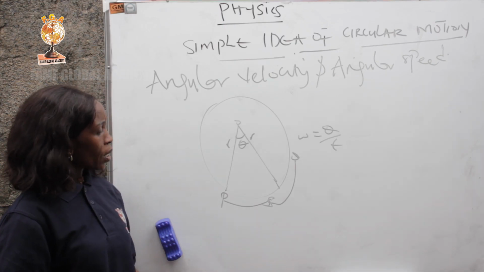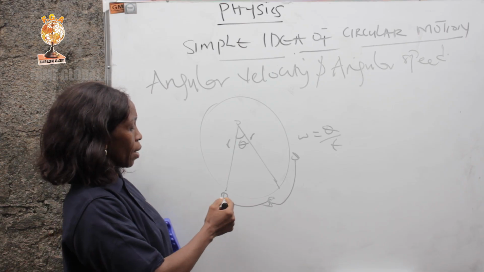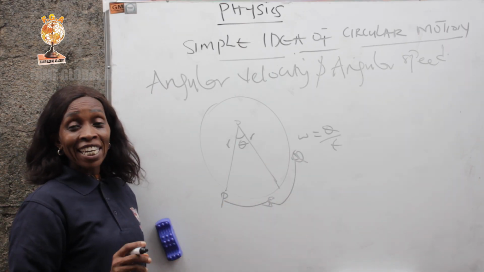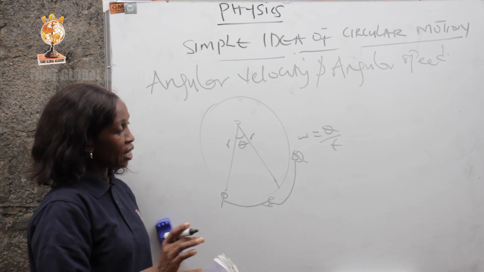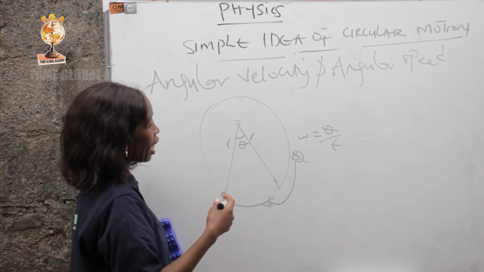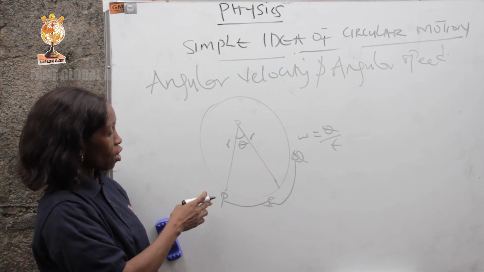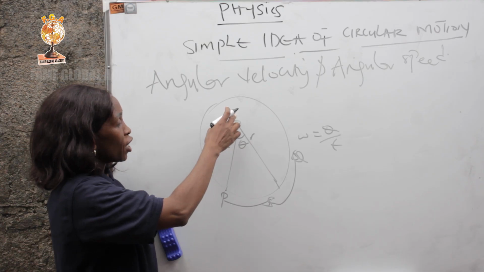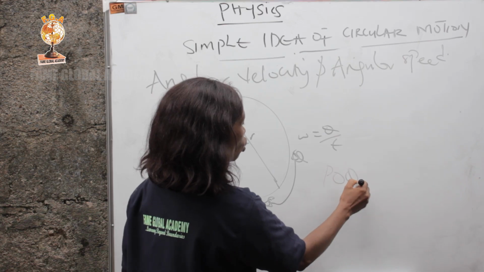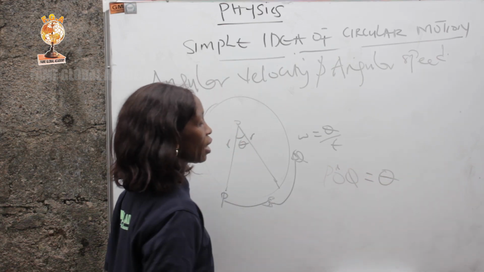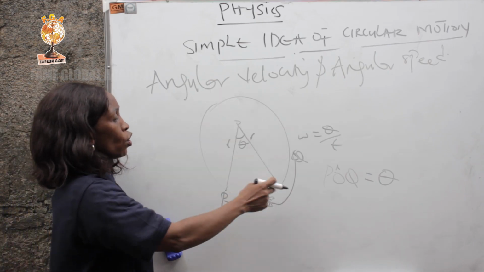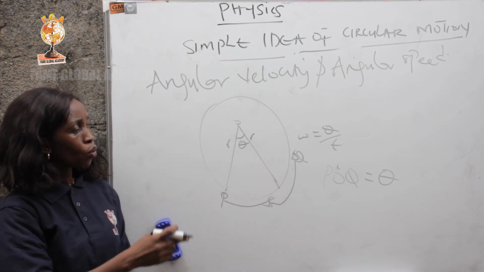Now a stone that is swung round moving from point P to Q in a given time t, so the radius from P to O is being sustained at an angle theta. Let's say POQ is being sustained at an angle theta.